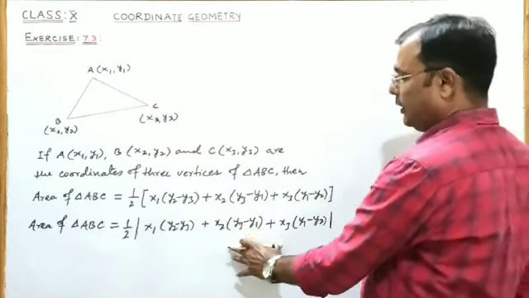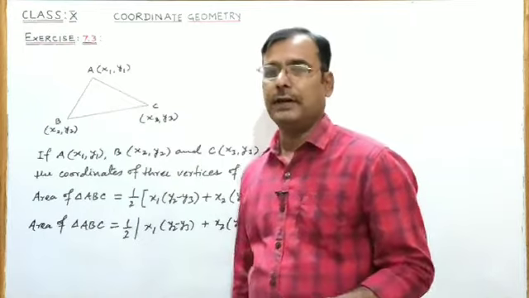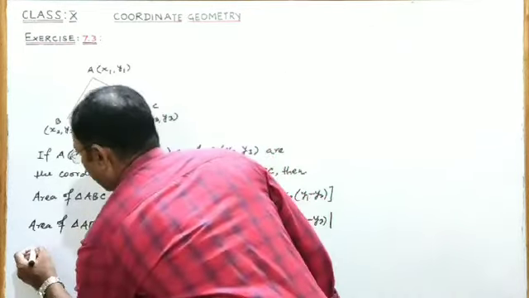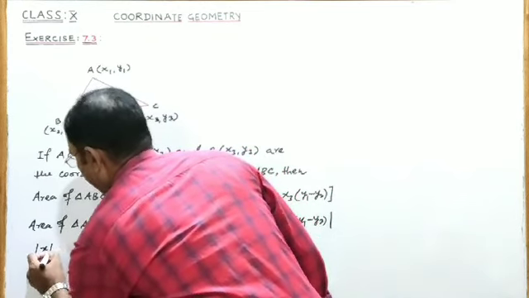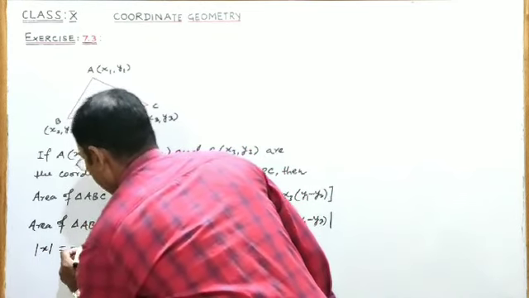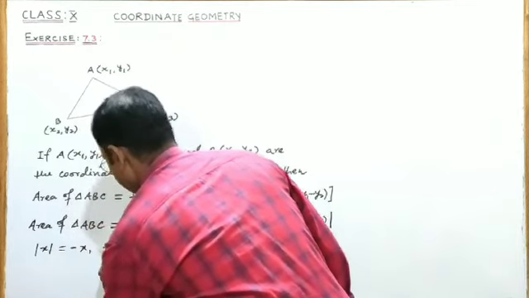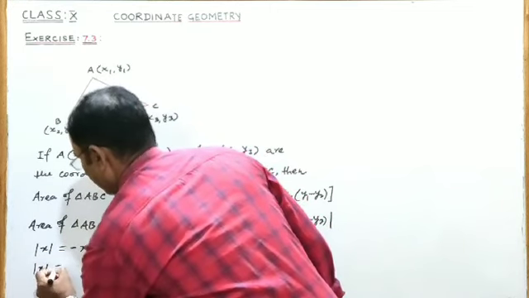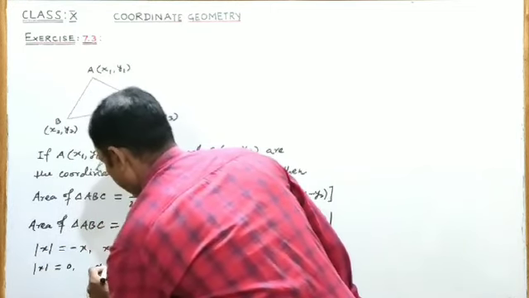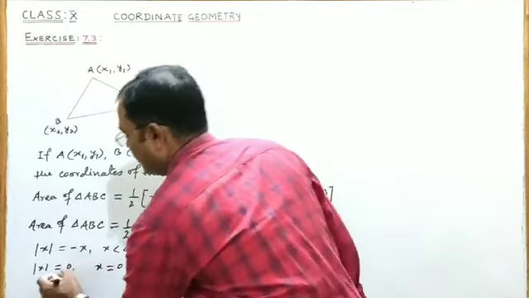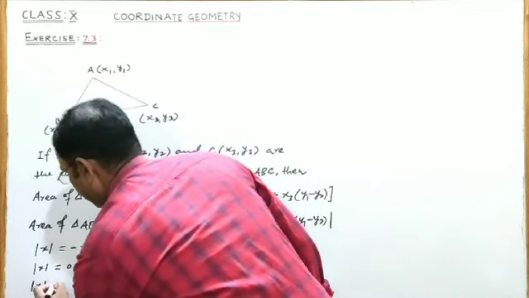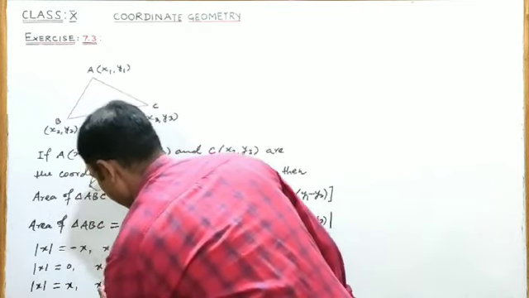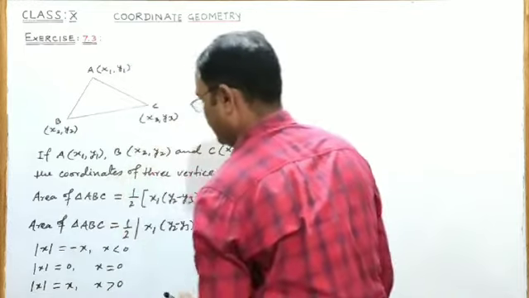This mod sign will always give you positive value of this expression because mod is defined like this: mod of x is equal to minus x if x is negative, mod of x equal to 0 if x is equal to 0, and mod of x is equal to x if x is greater than 0, that is positive.